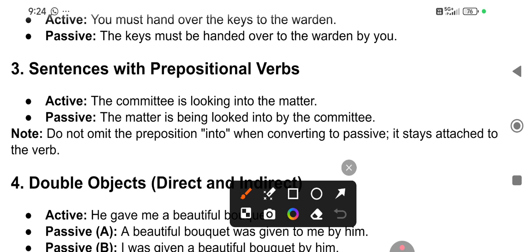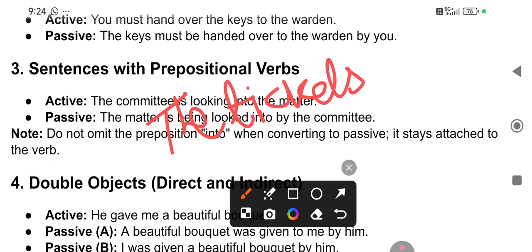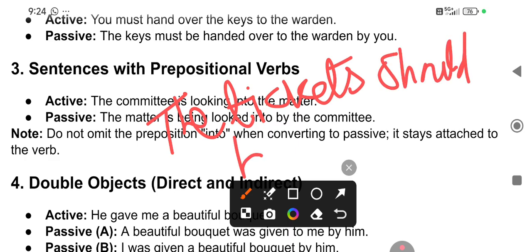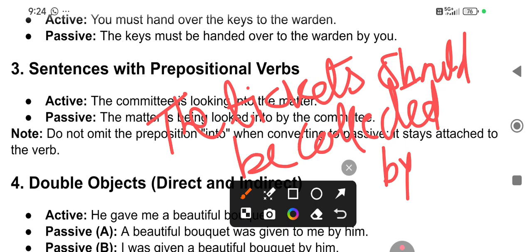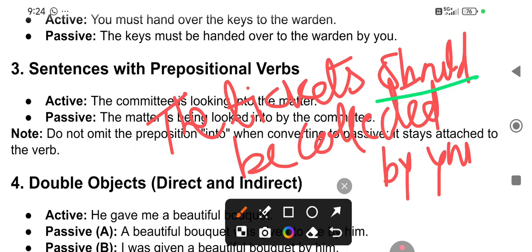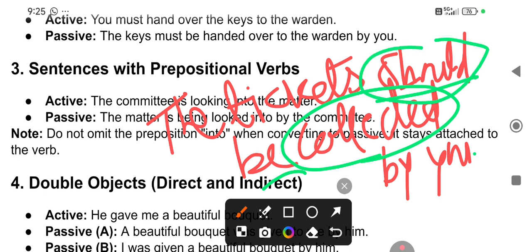So: the tickets should be collected by you. समझ रहे हो? This is the difference. Should be, and the third form of collect will be collected. This change occurred when we change active to passive voice in the case of modals, because should is also a modal.